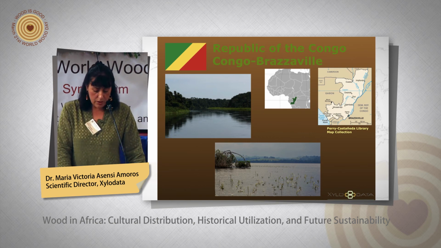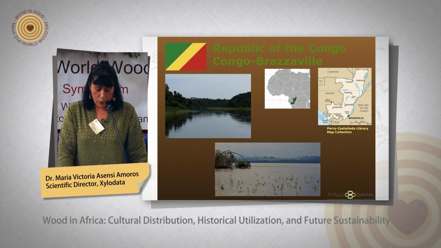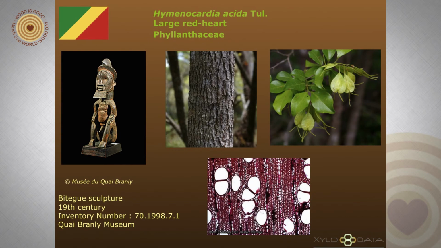The Republic of the Congo was dominated by Bantu-speaking tribes who built trade links leading into the Congo River basin. The southeast of the country is a coastal plain, and the interior of the country consists of a central plateau between two basins to the south and north. Forests are under increasing exploitation pressure.